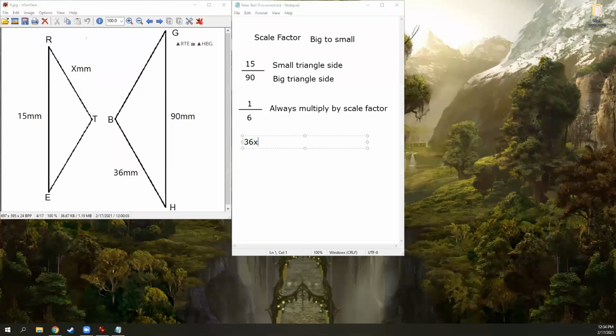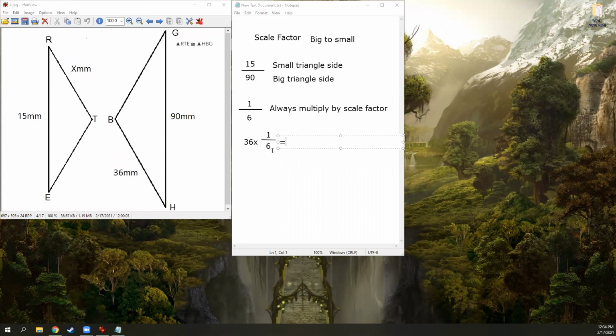Let me write that out. Cool. So you're multiplying 36 by 1 over 6. Remember what I taught you? When you multiply a fraction by a whole number, you multiply by the top number and divide by the bottom.